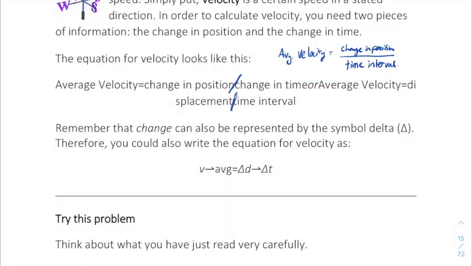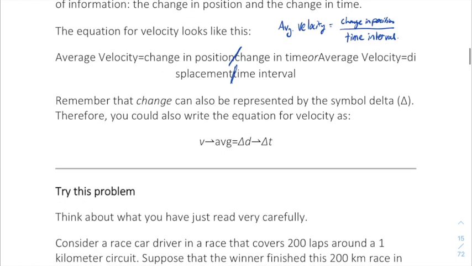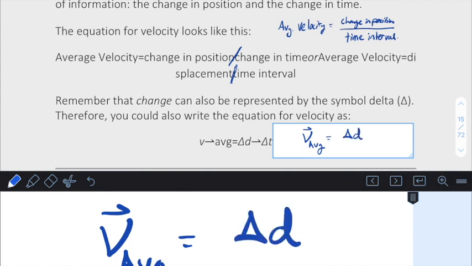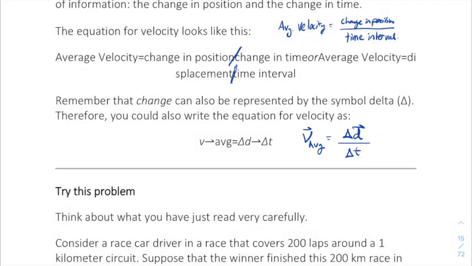Remember that the change can also be represented by the delta. Therefore, you could also write the average velocity as the change, delta, in displacement or position divided by the change in time.